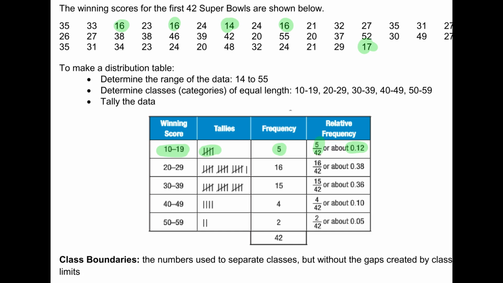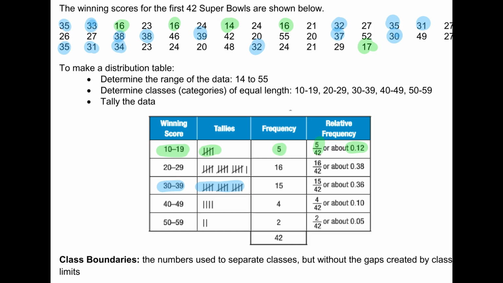If I would go and do 30 to 39, this is a good one. 30 to 39. Just go highlight. 30 to 39. How many of those occurred? 1, 2, 3, 4, 5, 6, 7, 8, 9, 10, 11, 12, 13, 14 times.